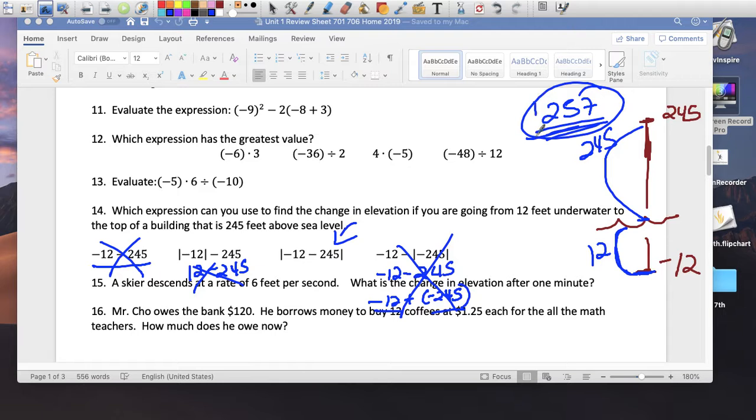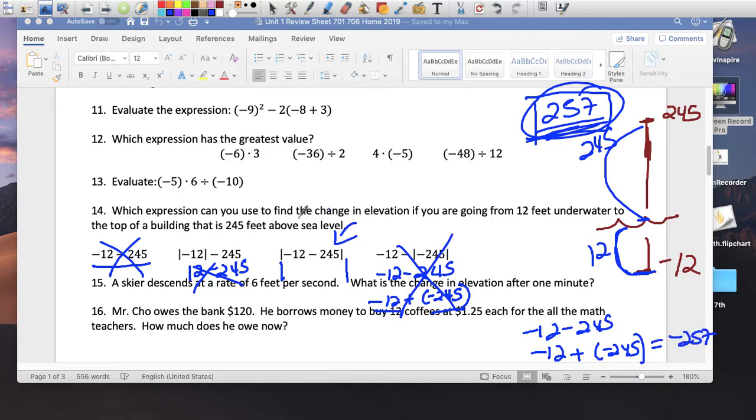I knew that the answer had to be a positive number because we're measuring distance here, so anything that was negative, I could already throw out. Let's do inside the absolute value. That's not a parenthesis, it's an absolute value. So I have negative 12 minus 245, which changes to negative 12 plus negative 245, and that gives me negative 257.